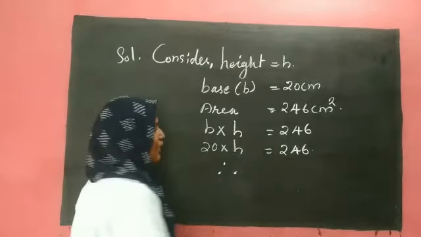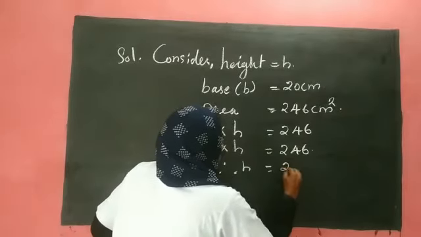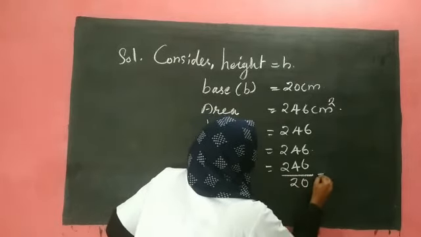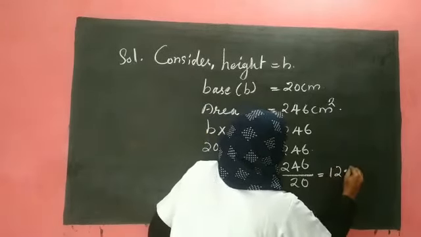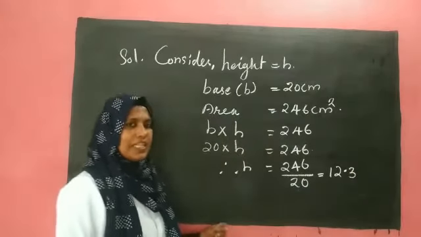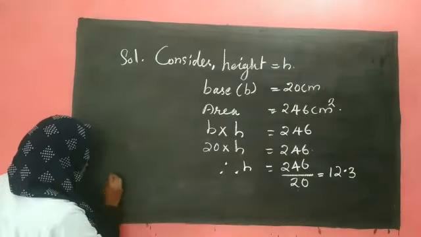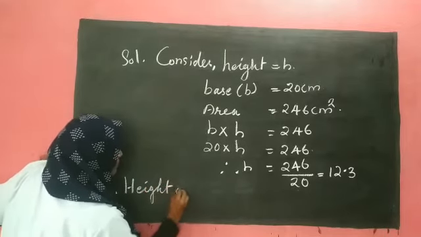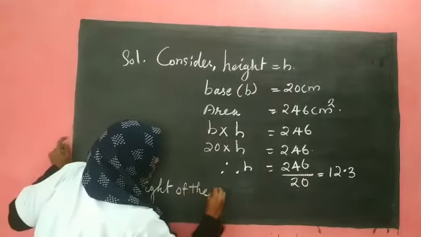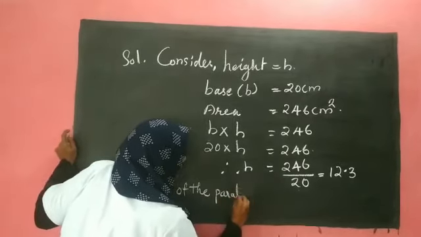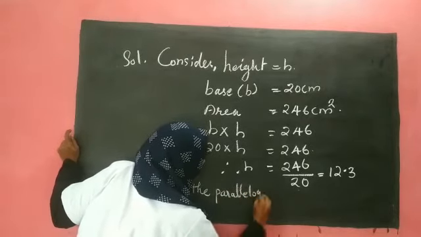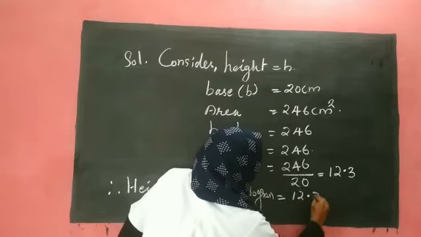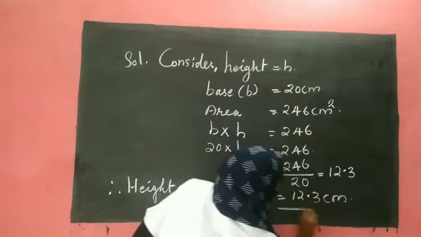Therefore, x is equal to 246 divided by 20, which is equal to 12.3. Therefore, height of the parallelogram is equal to 12.3 centimeter.